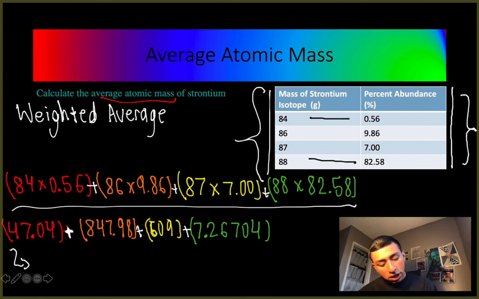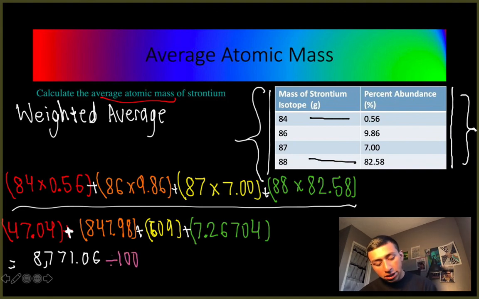And then the answer that you get is, or should be, 8,771.06. Now remember, I did not divide by 100 yet. So I need to divide by 100. So this is not the completed answer yet.